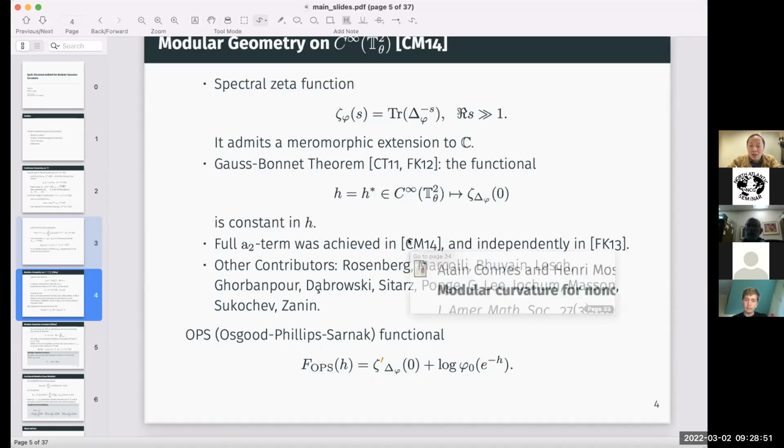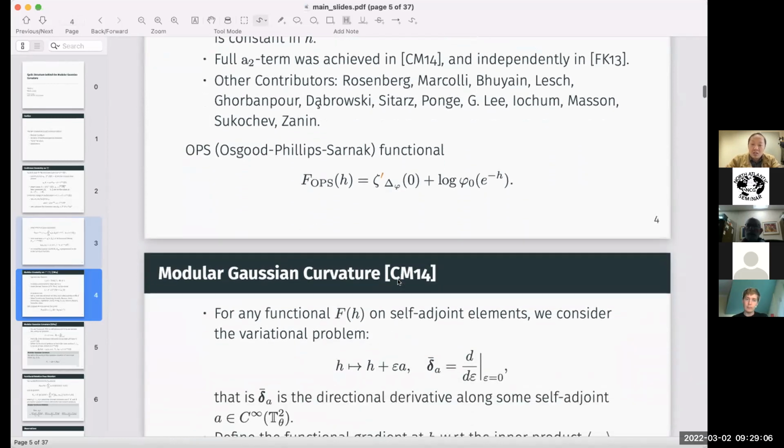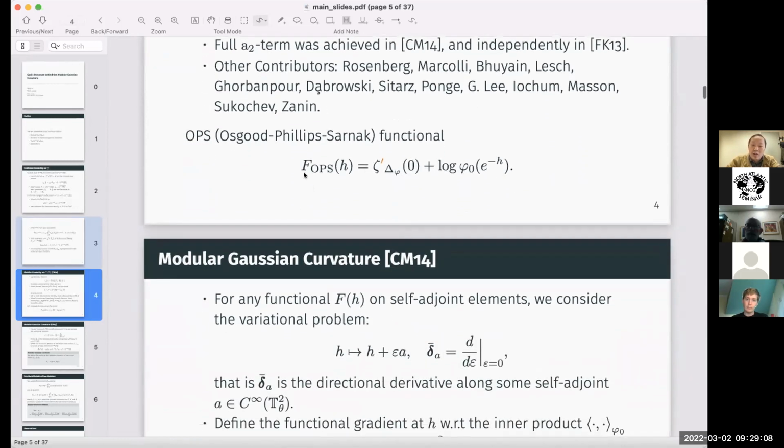This paper of Connes and Moscovici implements most of these discussions onto noncommutative tori. So now we have a geometric functional, basically derived from the Ray-Singer determinant of the spectral zeta function.